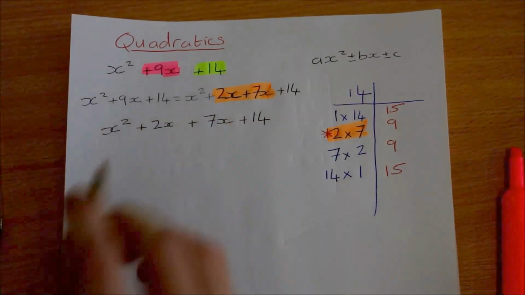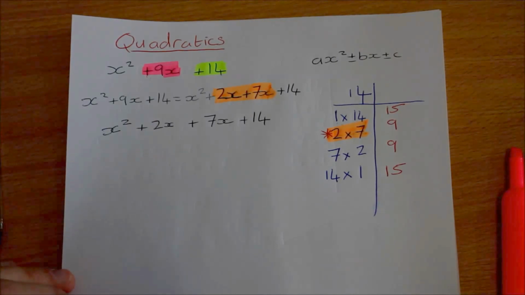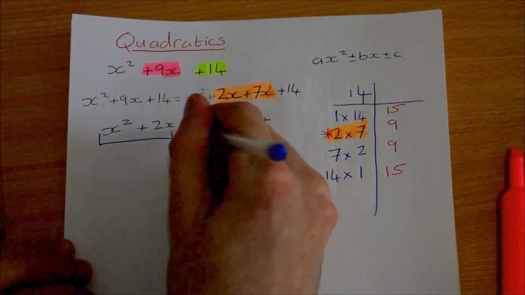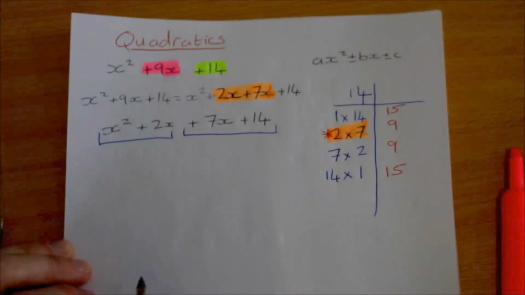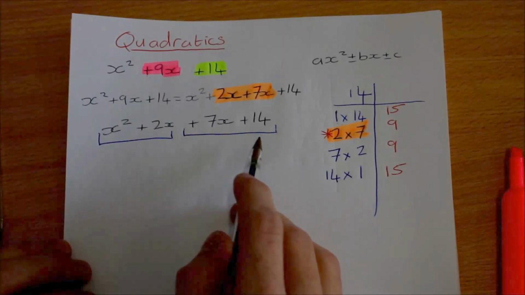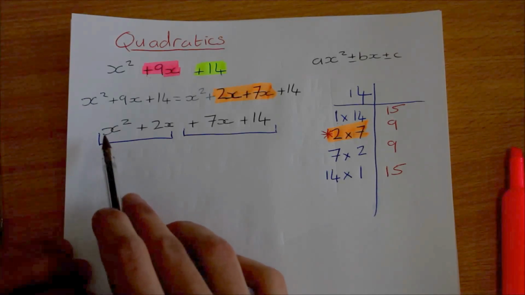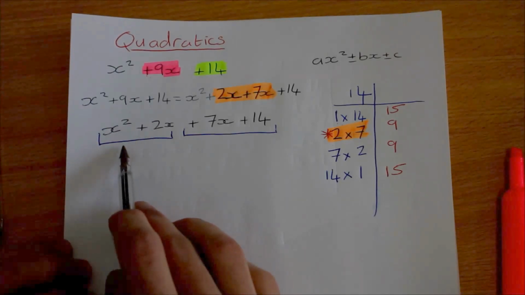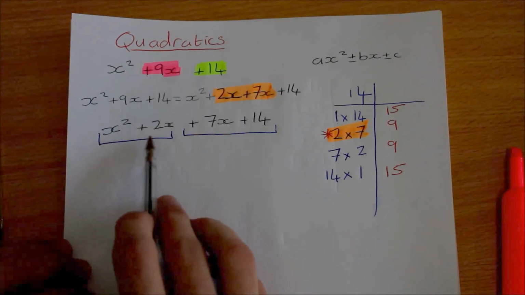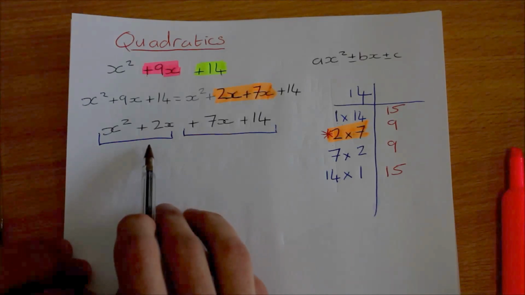What we're going to do now is type 2 factorization. And type 2 factorization is the same as doing type 1 factorization twice. So we split our equation up into two separate groups: x squared plus 2x, and plus 7x plus 14. So we ask ourselves, when we're doing type 1 factorization, is there any common constants first of all? And in this example, x squared plus 2x, there is no common constants.